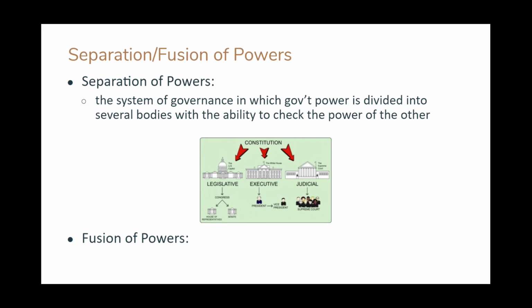We all know the different ways in which these branches can check other branches, right? The judicial branch can rule that laws or executive orders are unconstitutional. The executive branch can veto laws that the legislative branch passes. The legislative branch can override that veto. All the different ways in which they check the others, right?